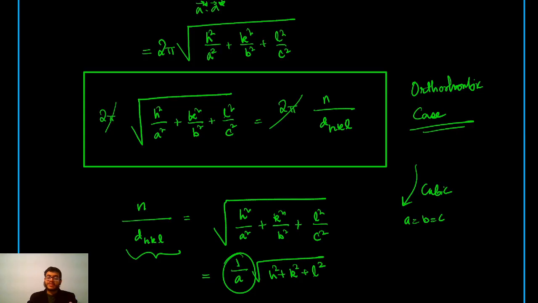You can find DHKL from comparing multiple peaks, and once you know DHKL, you can easily find A, the lattice parameter. That's how we find the lattice parameter in crystallography, but that was a byproduct.